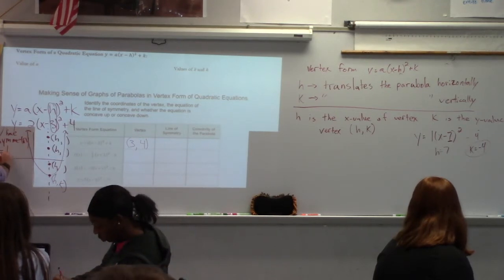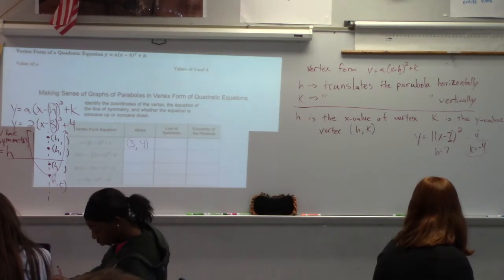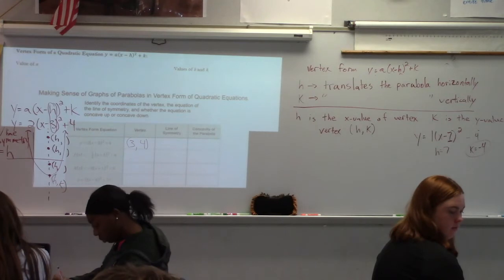H. The axis of symmetry, x is always equal to h, because it has to go through the vertex, and the x value of the vertex is, in general, h. So for this one, it would be x equals 3.